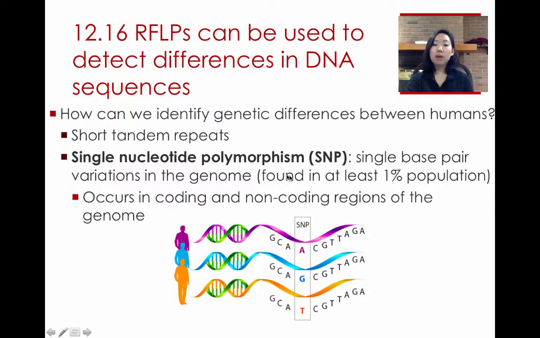These single nucleotide polymorphisms can be found in both coding regions, meaning segments of genes that lead to proteins, and in non-coding regions of the genome. You might be thinking, if it's just one nucleotide that's different, is it really that significant?